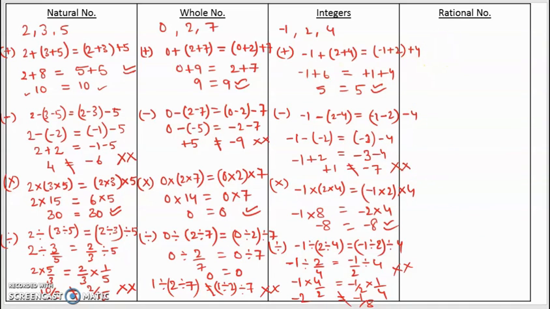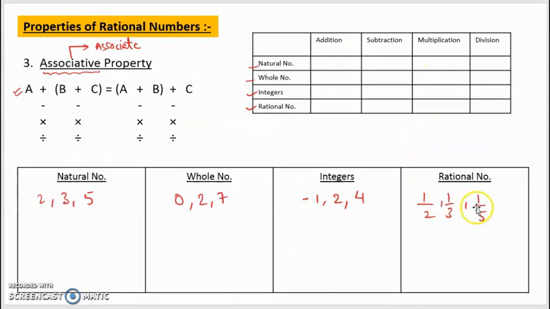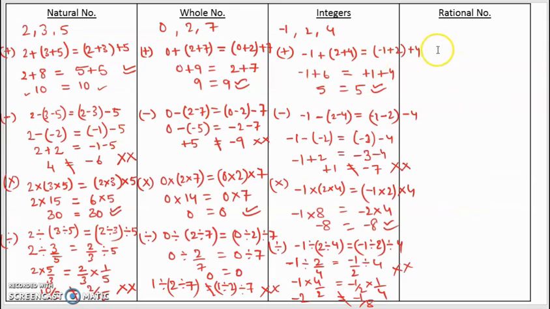So what we have assumed are 1 by 2, 1 by 3 and 1 by 5. Since we don't have sufficient space here, let us do it on a new page. So 1 by 2, 1 by 3 and 1 by 5.